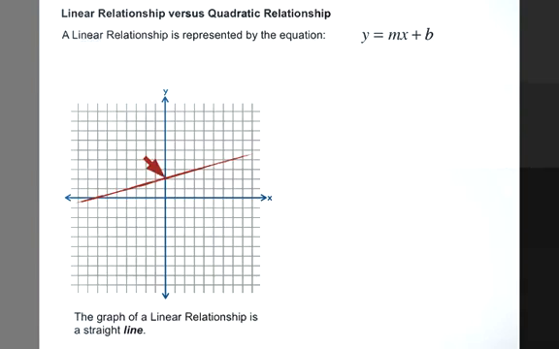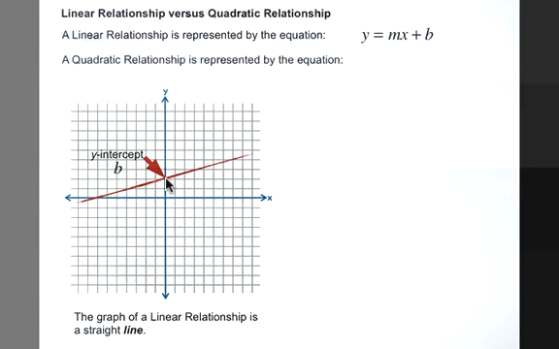This point, where the line crosses the y-axis, is known as the y-intercept. The y-intercept is represented by b in our equation y equals mx plus b. In this situation, b would be equal to 2 because it crosses the y-axis at y equals 2.